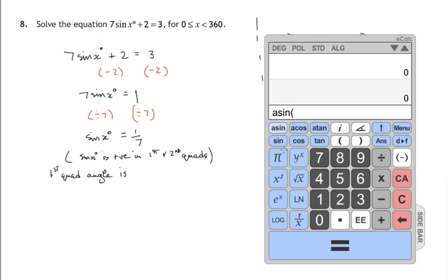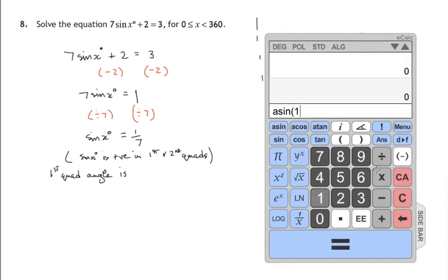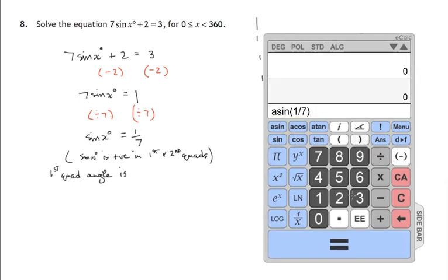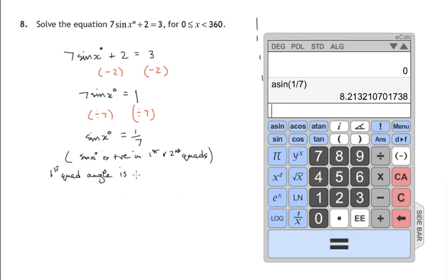What angle has a sine that has a value of 1 divided by 7? Making sure you're in degree mode, the answer is the angle. So the first quadrant angle is 8.21 degrees, and I'm putting that down just now to 2 decimal places. So that's the angle we're after, 8.21.